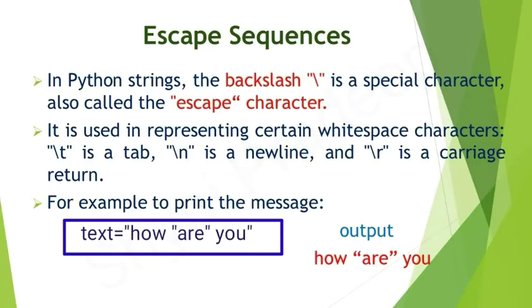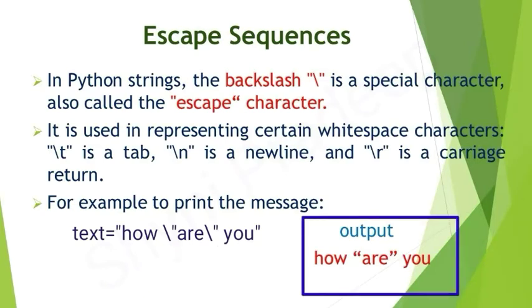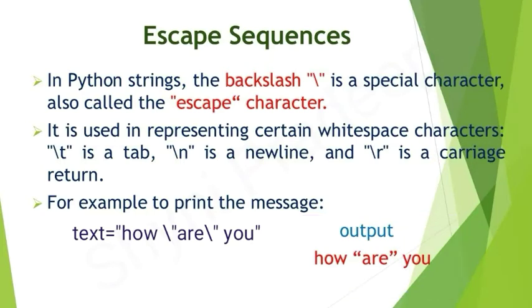How will you use? See here, text equal to how are you, and here you have to give the escape character. When you write this string, you will get the output how are you. If you are not giving this backslash, you will get the error message. But when you give backslash, you will get the correct output. So this is about escape sequences.